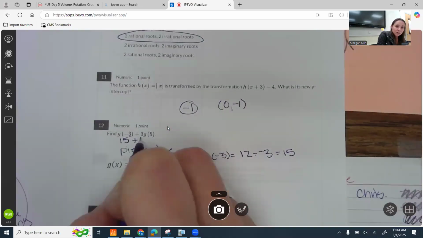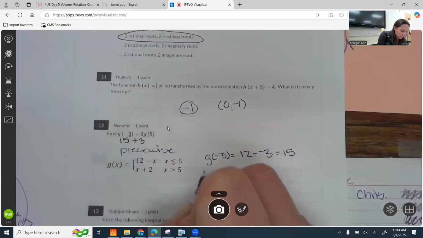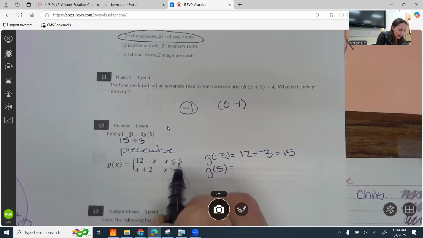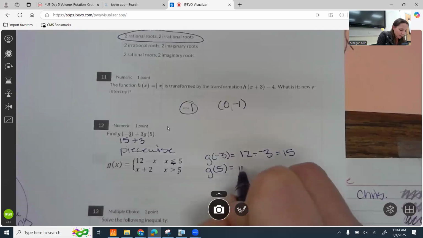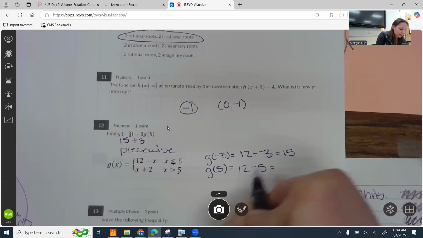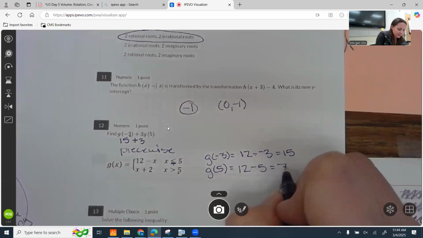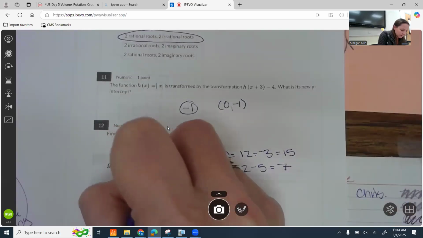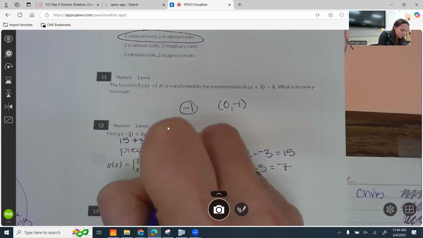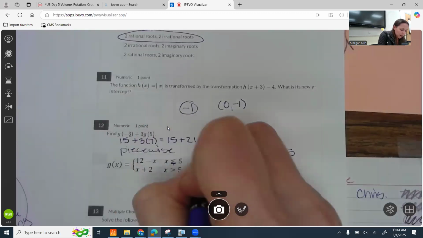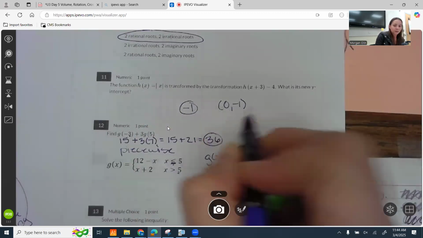Now pay attention, there's a 3 out here, so it's going to be 3 times whatever we get g of 5 to be. Now 5, notice I have a 5 here and here, but I want to focus on the equal to, so it's going to go into the top part as well. So 12 minus 5 is 7. So 15 plus 3 times 7, so that's 15 plus 21. And we get 36 as our answer.